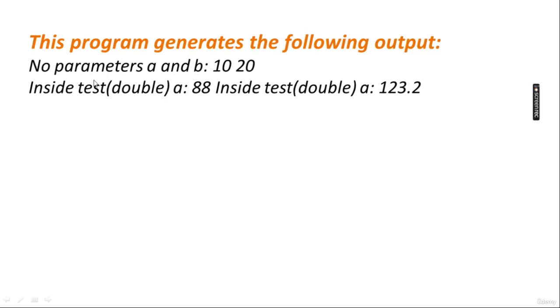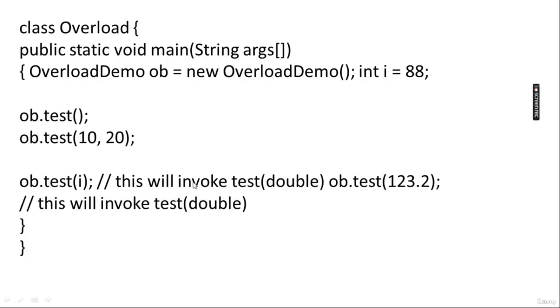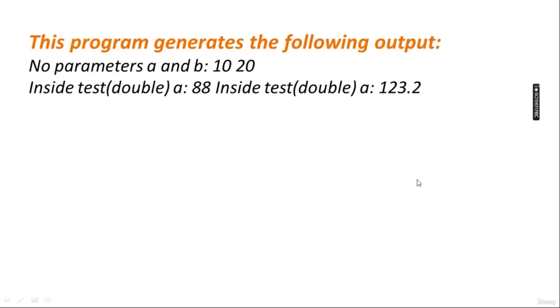First output is no parameters, A and B 10, 20. Then inside test double A 88. Inside test double A 123.2. So this is the one call for integer converted to double, and this is the second call for actually a double parameter. So this way automatic type conversion will take place.